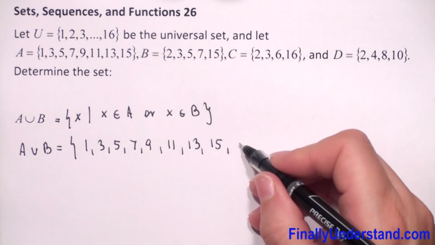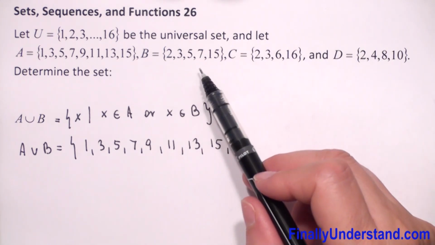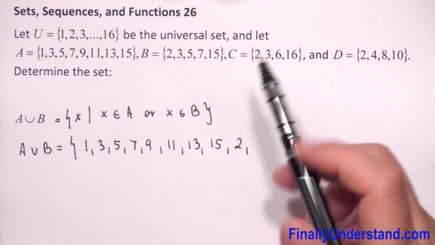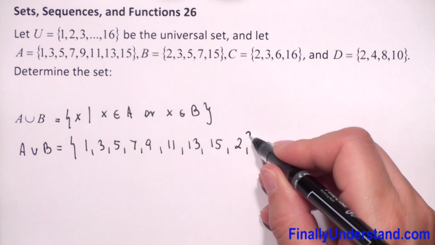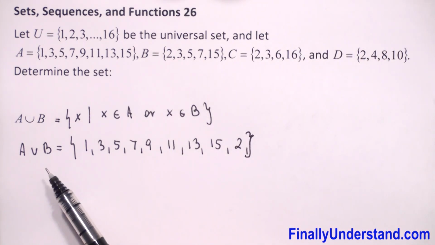So we don't have 2. Next 3 we have, so we don't have to copy. 5 we have, 7 we have, and 15 we have. So this is our union of two sets A and B.